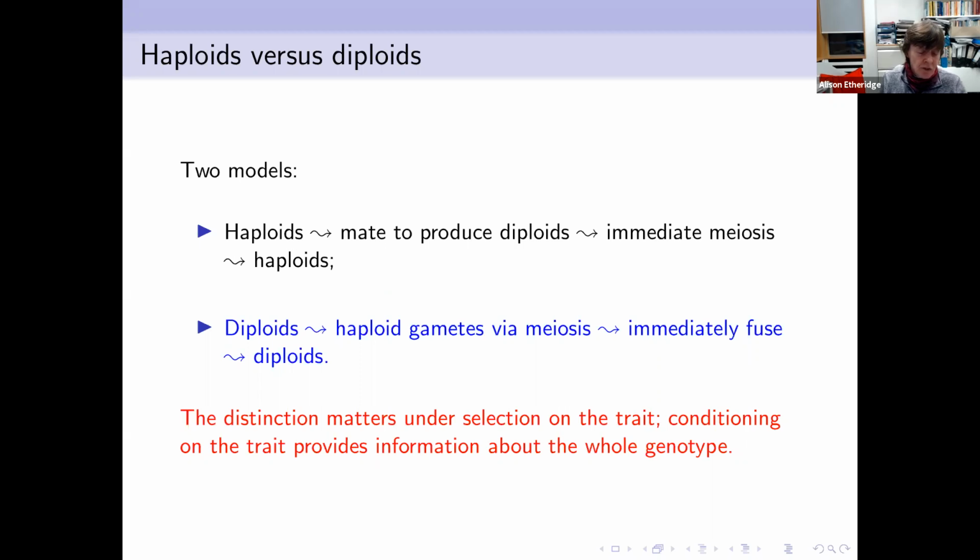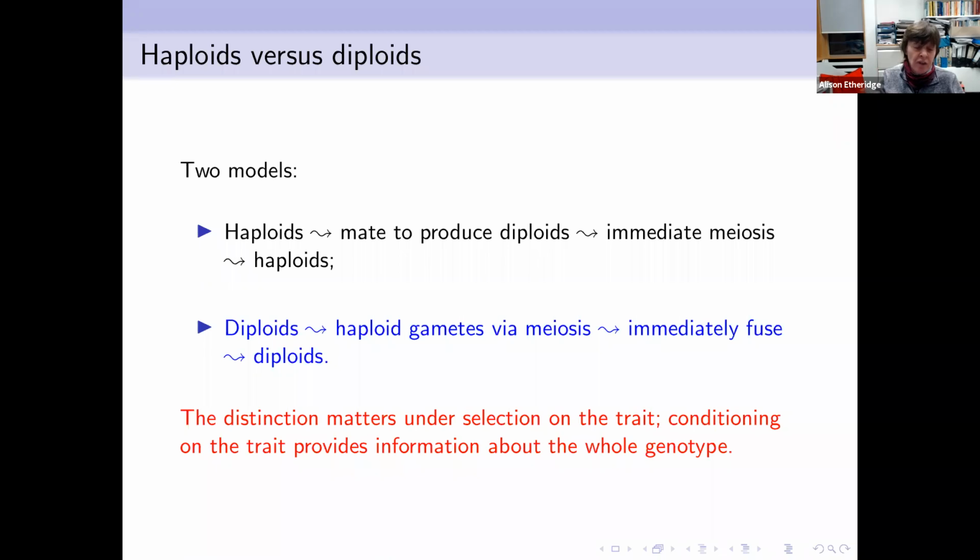Okay. Now, haploids or diploids. I hinted that this was going to matter. For the sort of models we've talked about so far, where we're just talking about a single genetic locus, it doesn't usually matter whether we think about a haploid model or a diploid model, because we can either track from haploid phase to haploid phase in reproduction, or from diploid phase to diploid phase. So haploids mate to produce diploids. So they fuse to produce diploids.